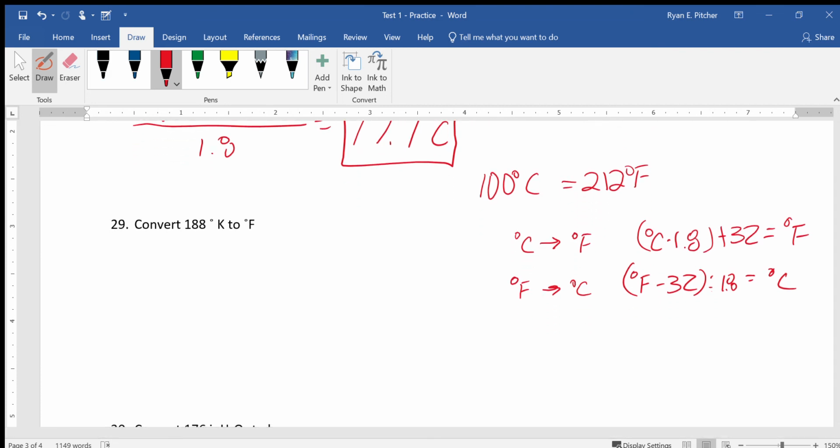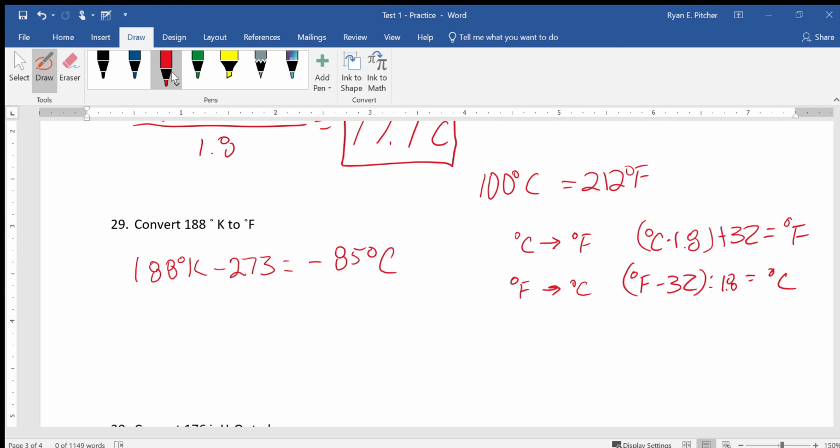Alright, the next one. 188 degrees Kelvin minus 273 is going to give me negative 85 degrees Celsius.